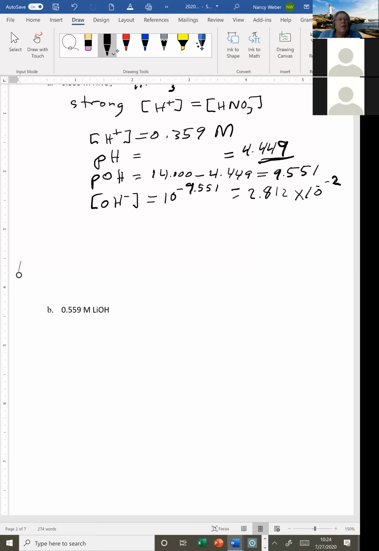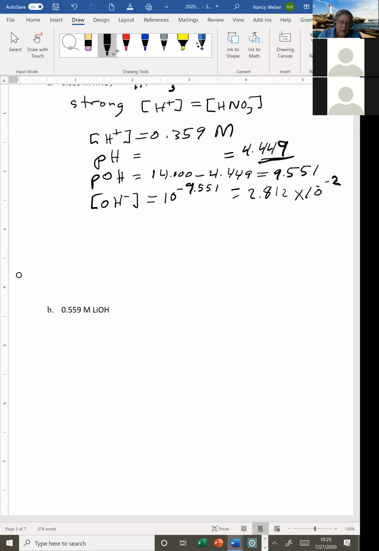Okay. I think the pH would technically be different if you take the negative log as opposed to raising 10. So I think it's like 0.44 rather than 4.44. I want the log of 0.359. I don't know why I did that.